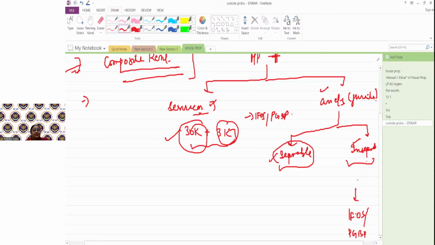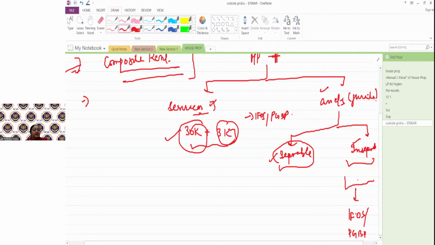What did I say? When it is inseparable, that is the landlord will not accept letting out of property without letting of assets, तब it is inseparable, और inseparable होगा तो income from other sources या PGBP में जाएगा पूरा का पूरा.